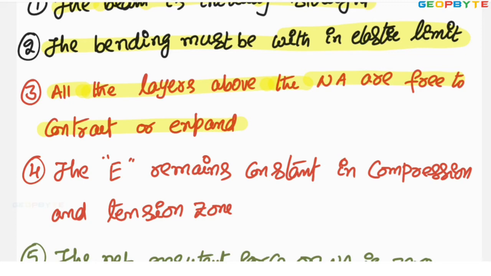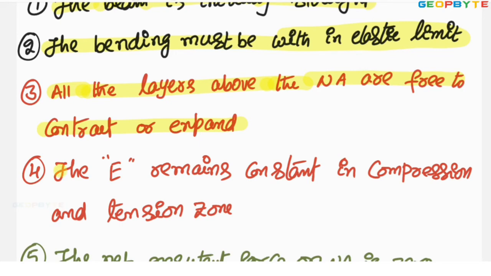Remember, in case of simple bending, if the layers are compressing above the neutral axis, they are extended below the neutral axis. That means above the neutral axis and below the neutral axis, the compression and extension are simultaneously taking place.